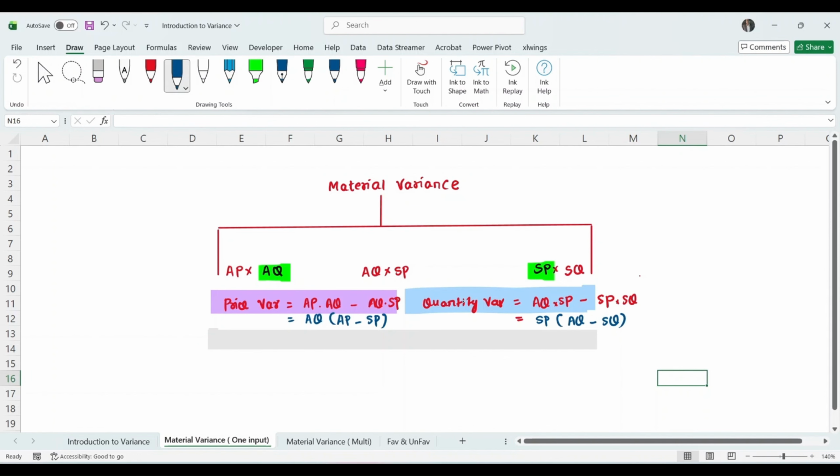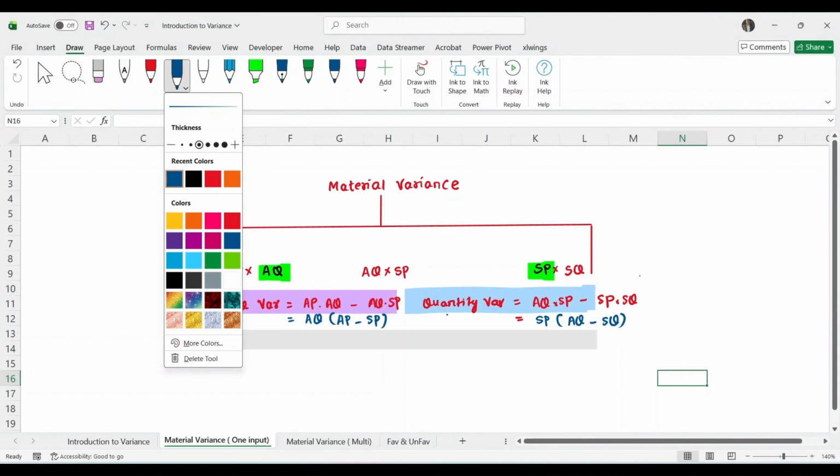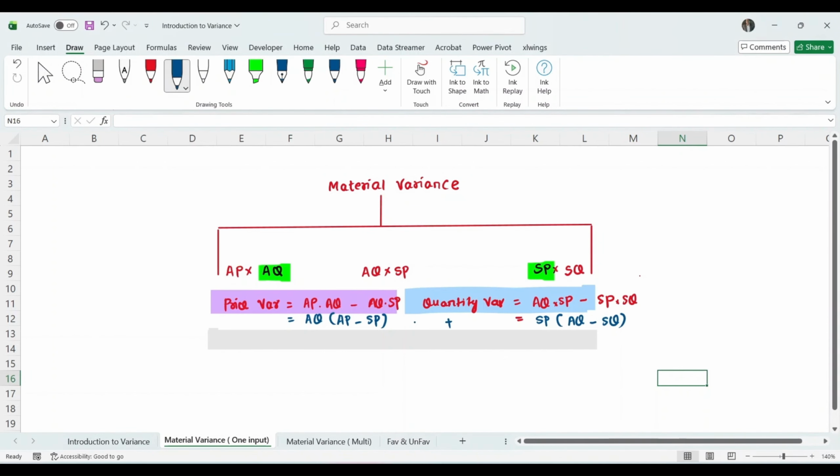And if we add these two, price variance plus quantity variance, we'll get the total material variance.